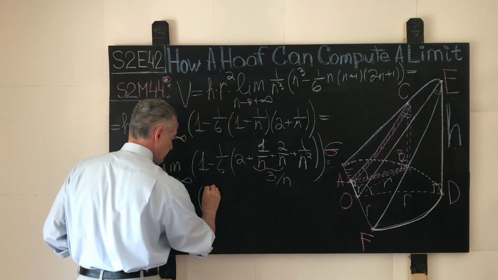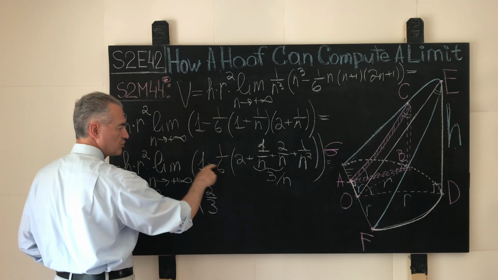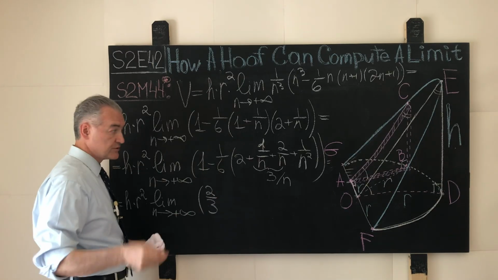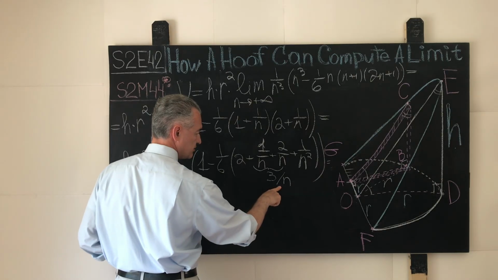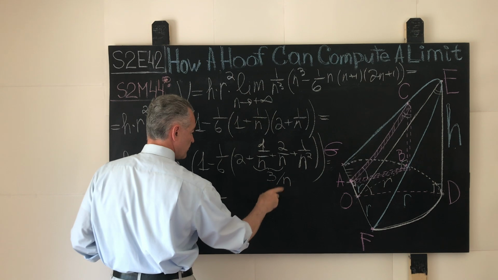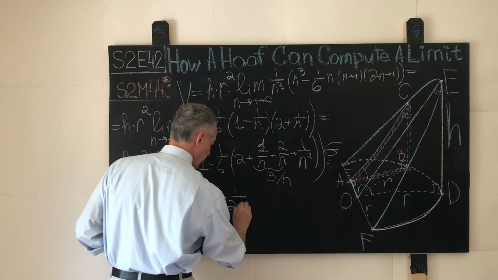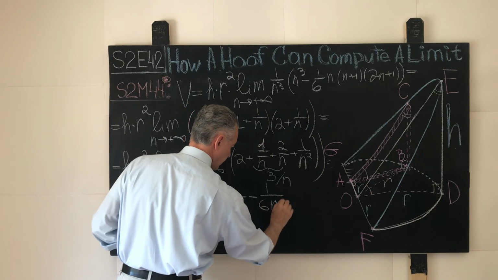This guy is gone. This guy becomes 2/3. Again, 2 over 6 is 1/3, and 1 minus 1/3 is 2/3. Now here, 3 over n and 6 in the denominator becomes what? Minus 3 over 6, 1 over 2n, minus 1 over 6n squared.